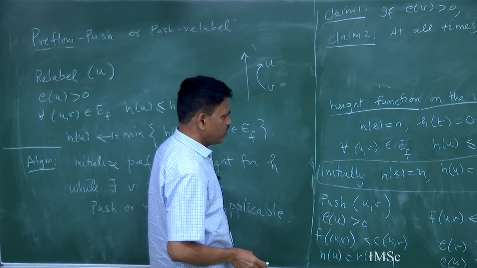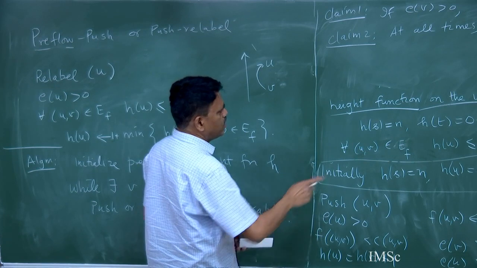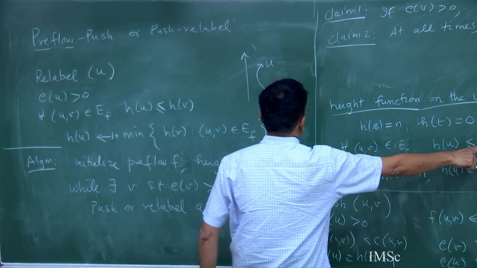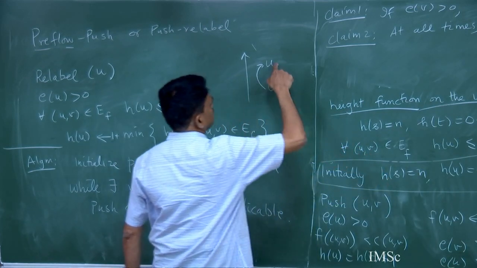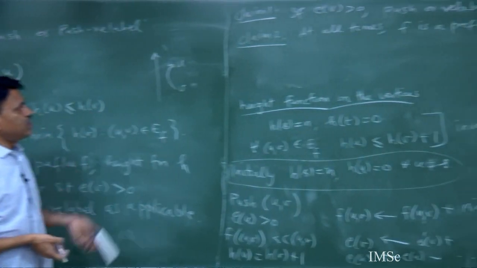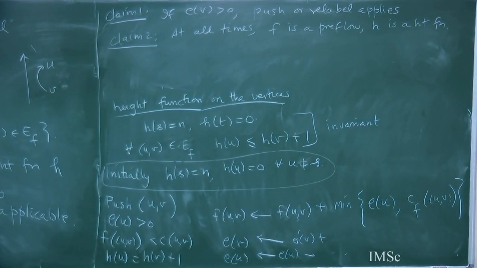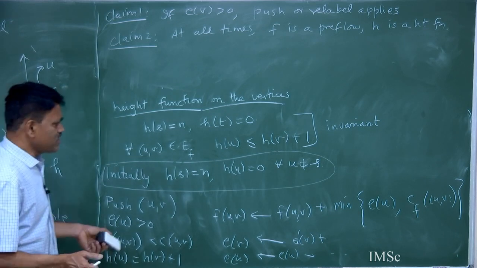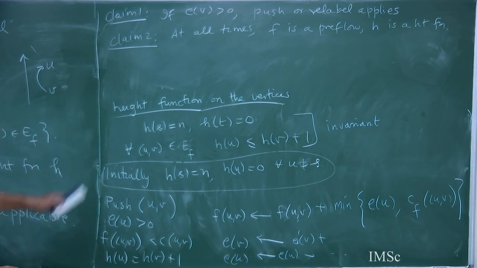But that's okay. What do I want? I want h(v) to be less than or equal to h(u) plus 1. Sure. h(v) is actually equal to h(u) minus 1, so that condition is satisfied. So when you do a push operation, the height condition is satisfied.